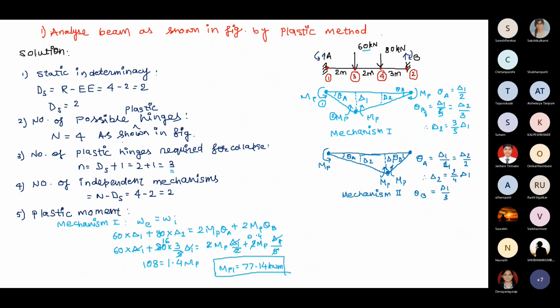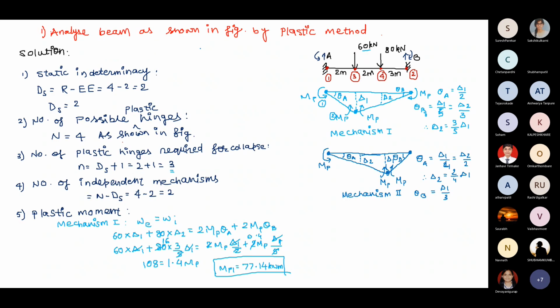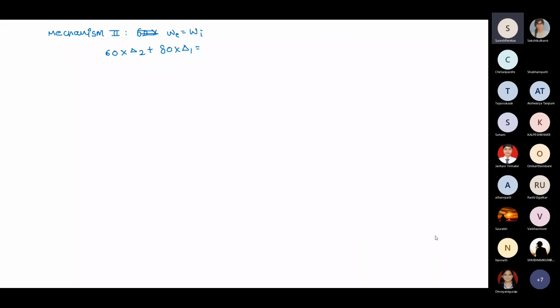So we have 60 into delta 2, 80 into delta 1, 2 Mp theta A plus 2 Mp theta B. Now delta 2 is 2 by 4 delta 1.